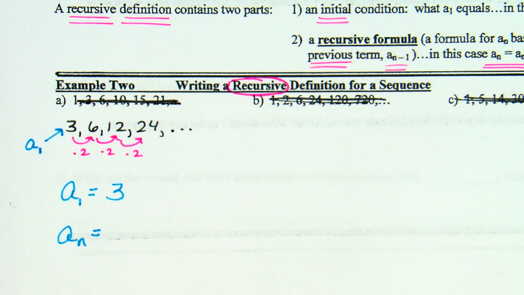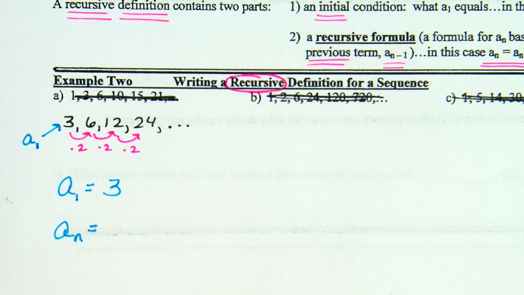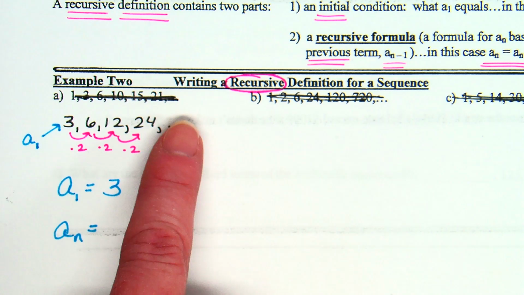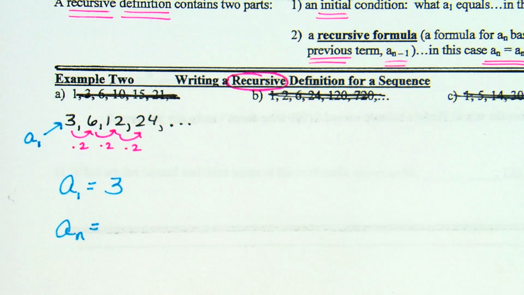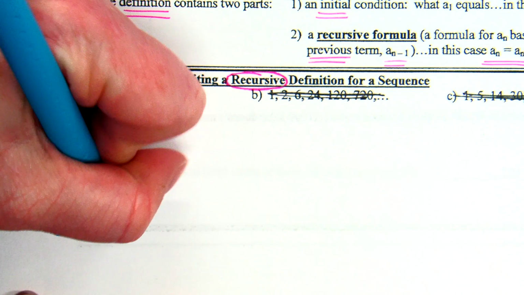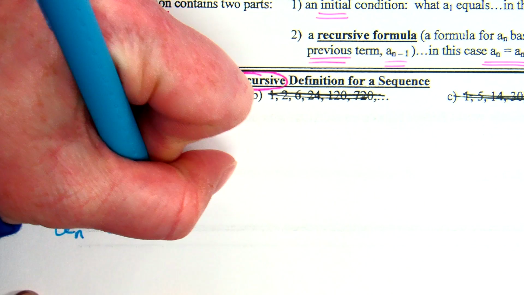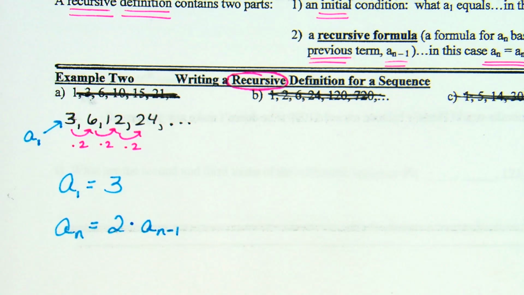Okay. In order to find the nth term, like for instance, in order to find the 5th term, what am I going to have to do? Multiply what by 2? The previous term, right? So, in order to find the A of nth term, I'm going to have to do 2 times, how do I show the previous term? A of n minus 1.